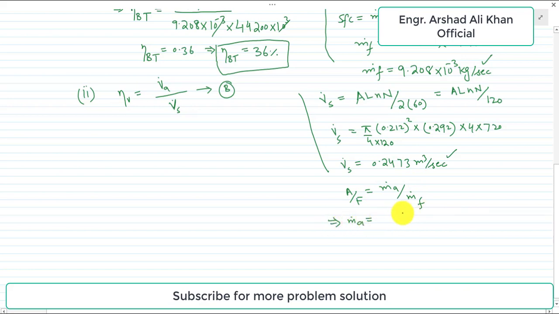So it is equal to air fuel ratio into m dot f. Air fuel ratio is 25/1 and mass flow rate is calculated above. It is 9.208 into 10 raised to power minus 3 kilogram per second. So when we simplify this, we get the mass flow rate for air, and it is 0.2302 kilogram per second.